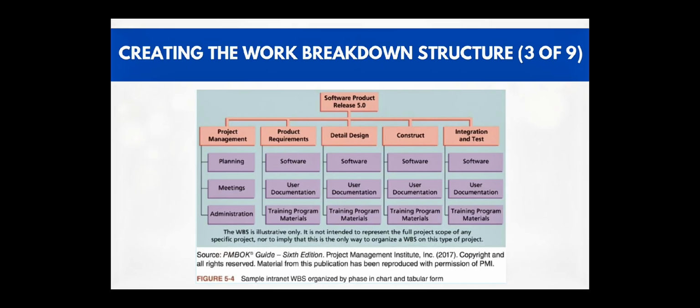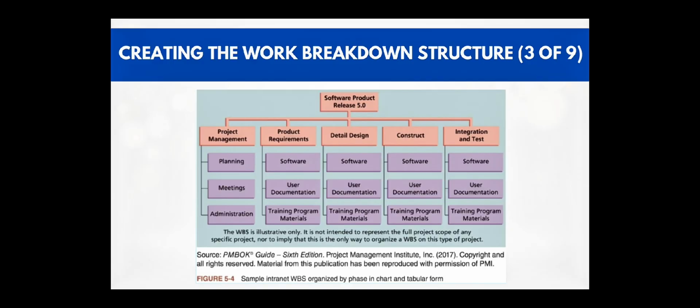This table, figure 5.4, shows a software product release project created by PMI. Notice that instead of showing product deliverables in level 2, it is organized around deliverables for each project phase, such as product requirements, detailed design, construct, and integration and test, as well as another level 2 item for project management.